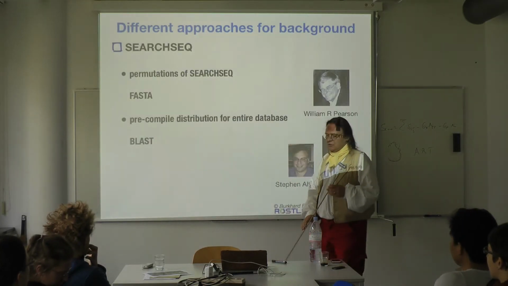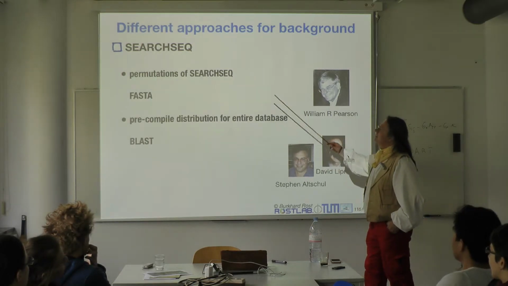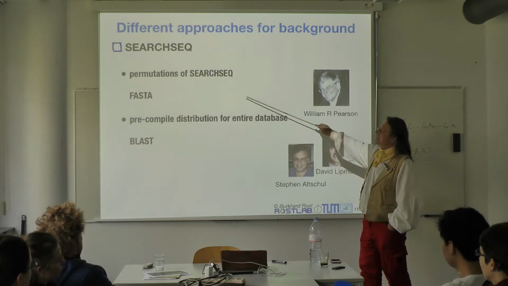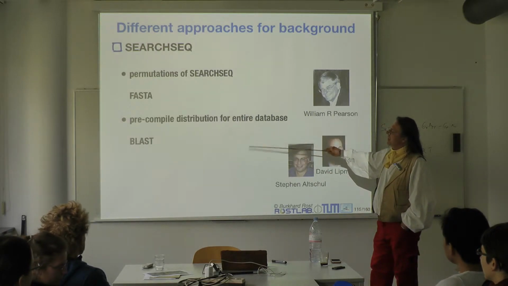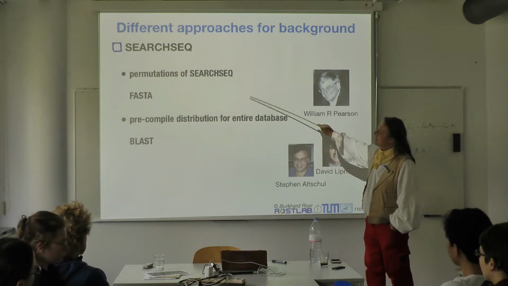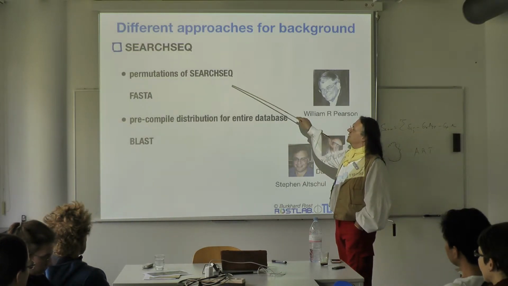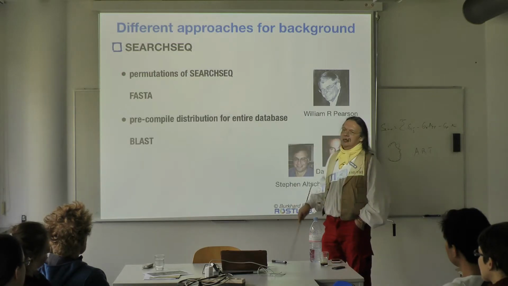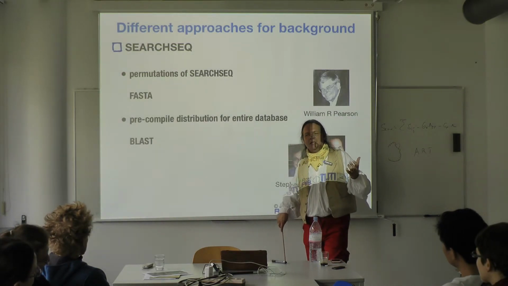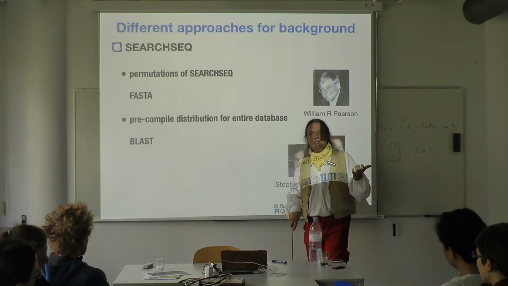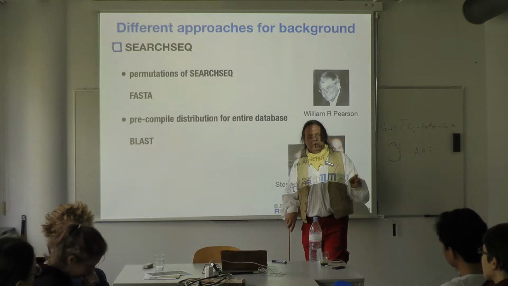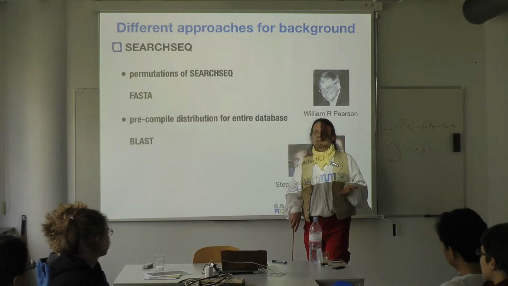Now, what is really different here is the big difference between FASTA and BLAST, which survived because BLAST is substantially, something like 10 times, faster. The big difference is that FASTA takes the sequences you run against and does a complete permutation and compiles the actual background probability, which is absolutely the right way of doing it.